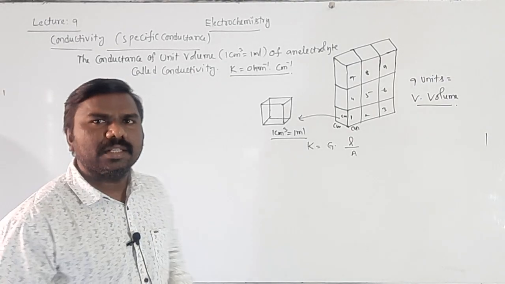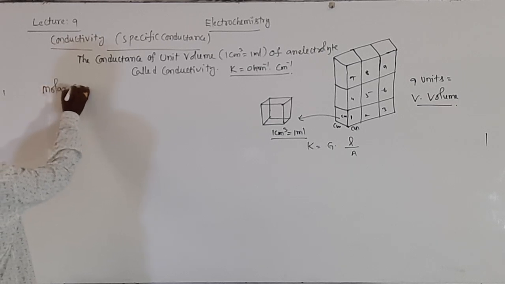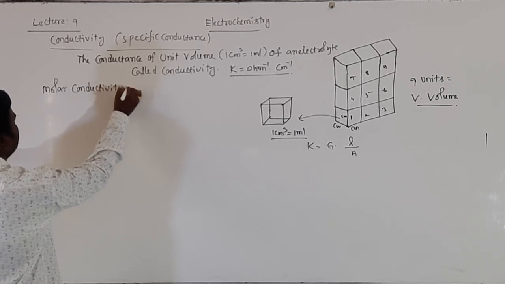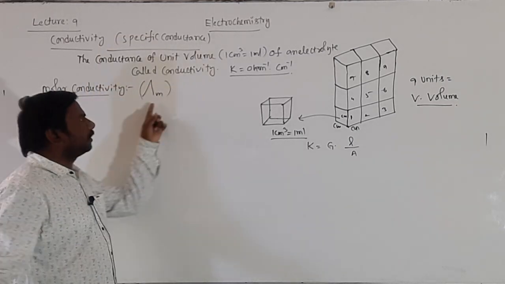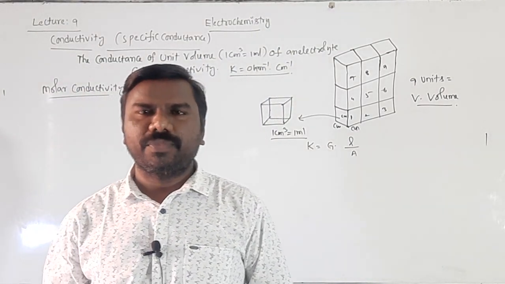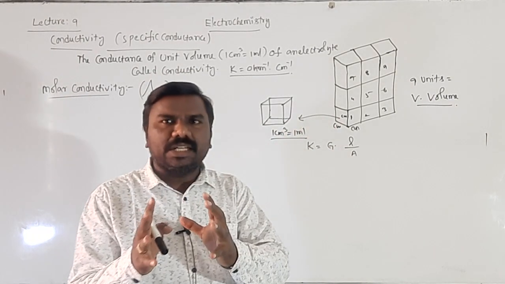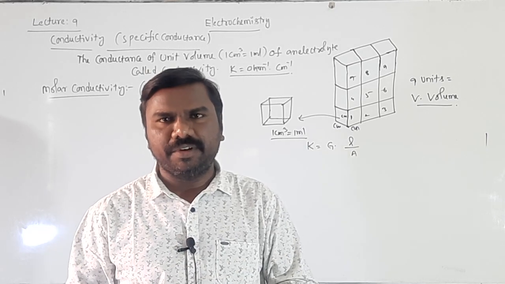Now our topic is molar conductivity or conductance, whatever. It will be indicated as lambda, where the subscript small m indicates molar conductivity. If you observe a unit volume, that conductance is called specific conductivity or conductivity.